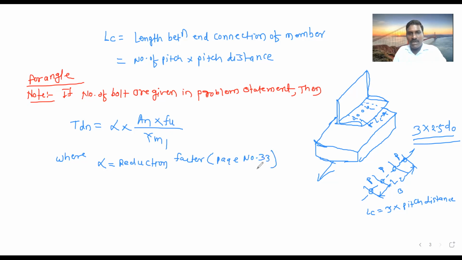Please open page number 33 of IS 800 2007. They have given the alpha value and they have given the conditions. How to take the value of alpha? Open page number 33. One of the tables is given.